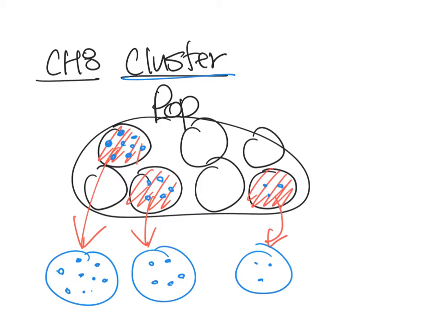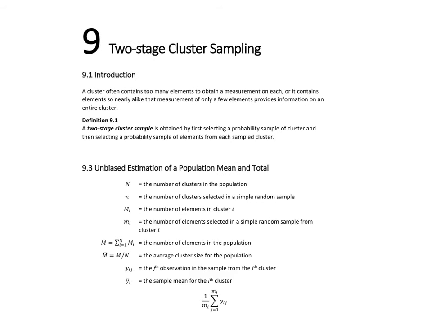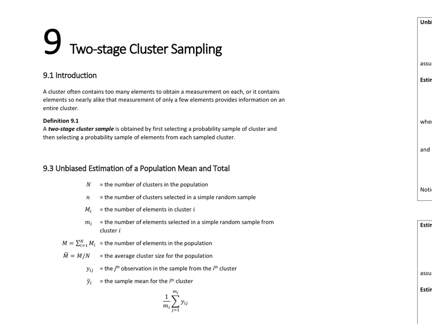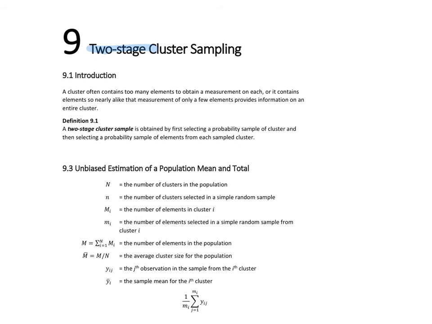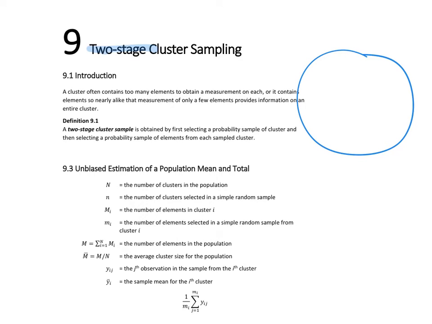But today we have a two-stage cluster sampling. That means we have a population here, and again we have some clusters.